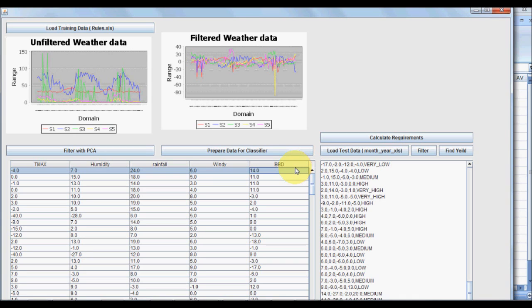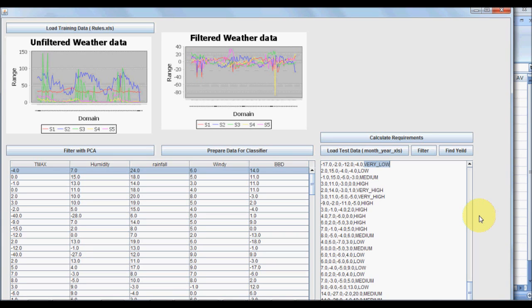Based on this PCA data, we classify and pre-label this data. Now it forms basically a 5-leaf node where the 4 leaves will be of the weather parameters, and the 5th one is the output or the class leaf, which is the label.